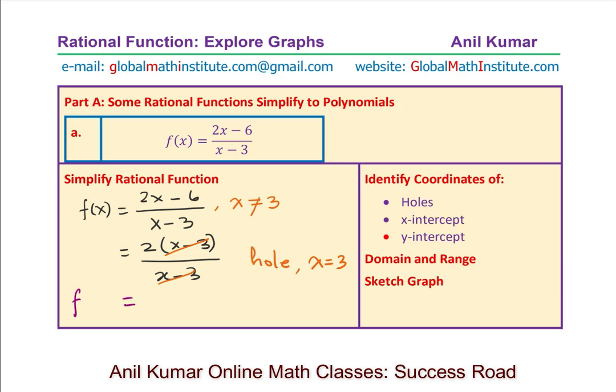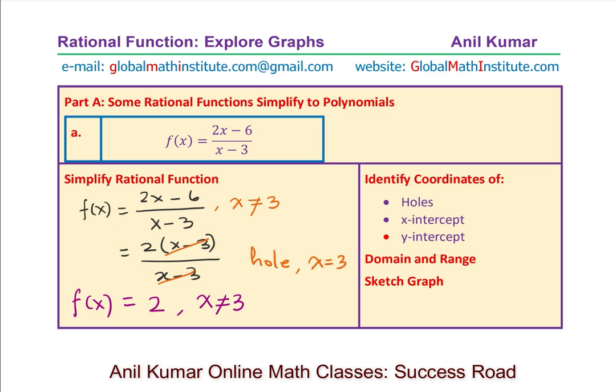Let me rewrite this simplified form, which is a constant 2. However, we have a restriction that x is not equal to 3. We have to write this restriction so that we can say it is really equivalent to the rational function. Is that part clear to you?